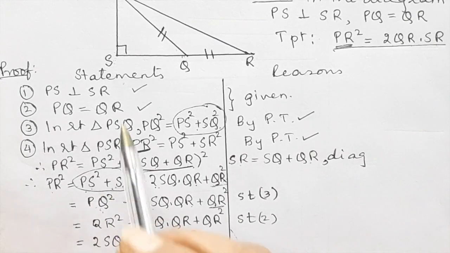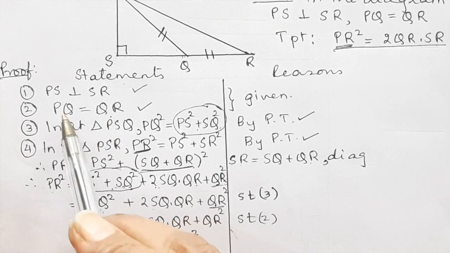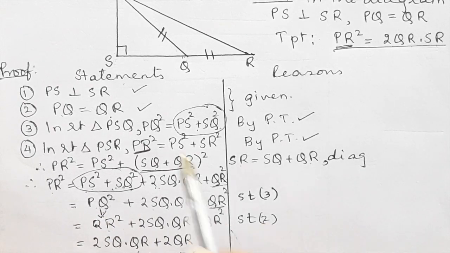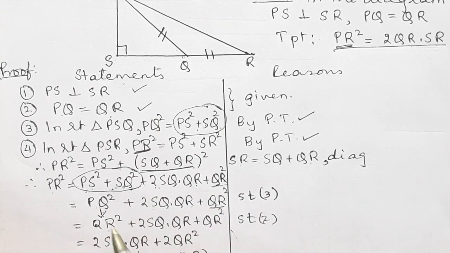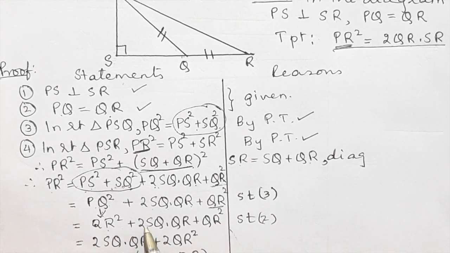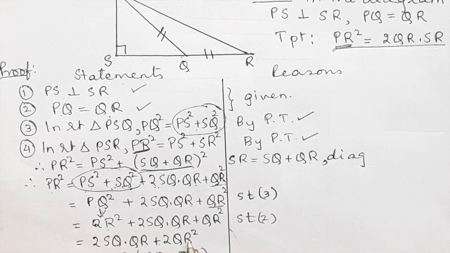But I know that PQ is equal to QR. So in place of PQ, I'll write QR. Okay. So you see PQ is equal to QR from statement number 2. So we have QR square and here also QR square. So we will write 2 SQ into QR plus 2 QR square.